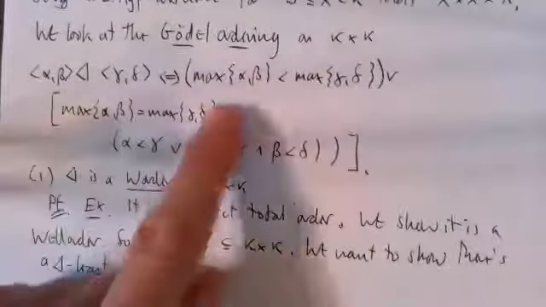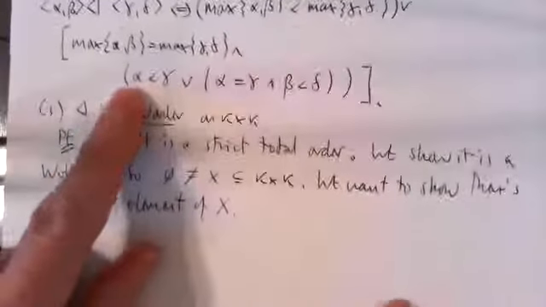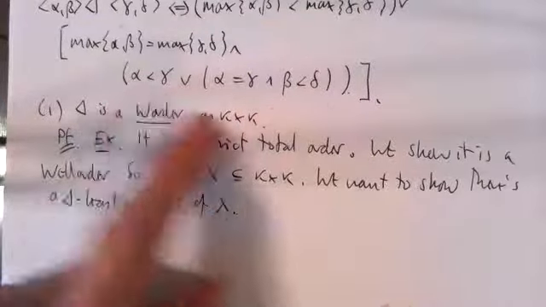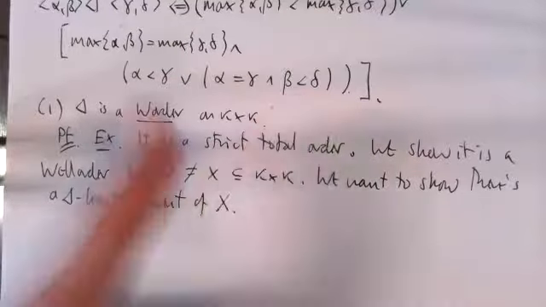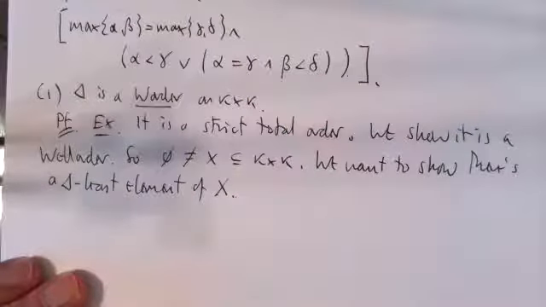First of all, I'll see which pairs in X have got smallest maximum. Then I'll look at those which have got smallest first element. And then I'll see which single one has the least second element. So in words, that was it.